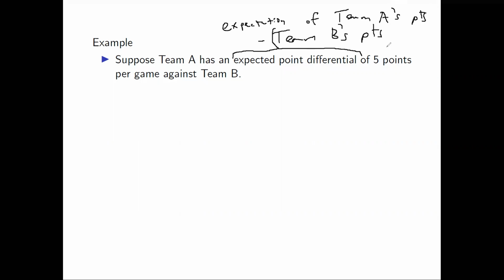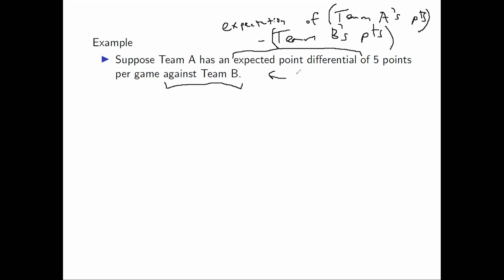So usually in sports, you want to get more points. So if Team A has an expected point differential of 5 points, then typically we're saying that they're better than Team B. And this expected point differential, we're saying that that's specifically against Team B.